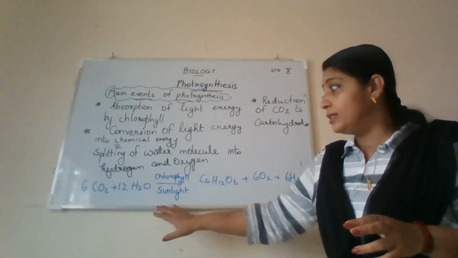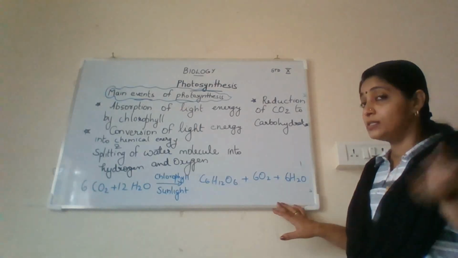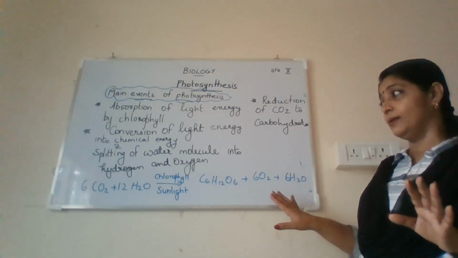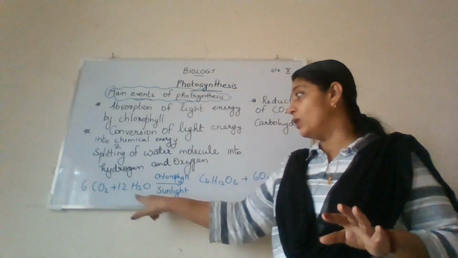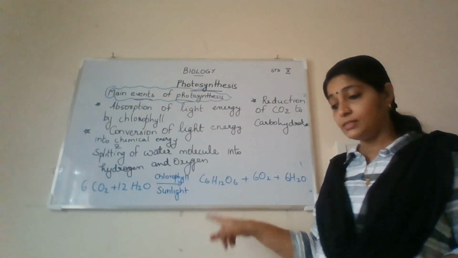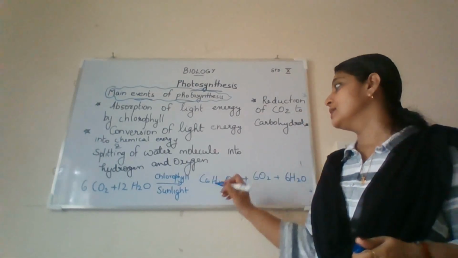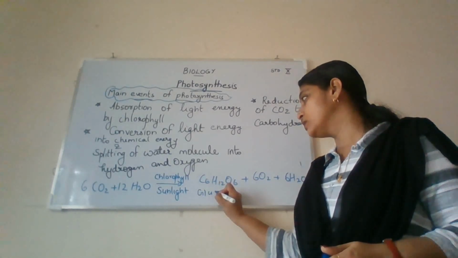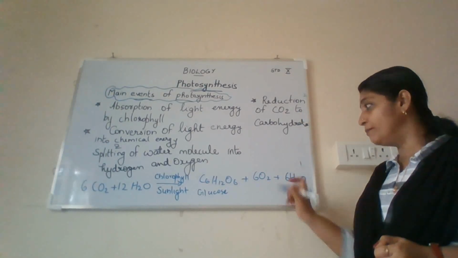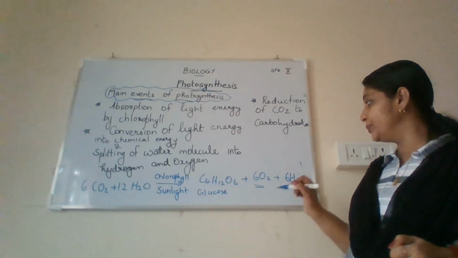And here is the equation of photosynthesis. This equation is also very important. You have to study this equation. That is, 6CO2 and 6H2O in the presence of chlorophyll and sunlight form C6H12O6, that is glucose, and 6O2, the byproducts being 6O2 and H2O.